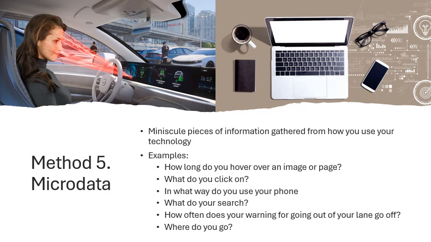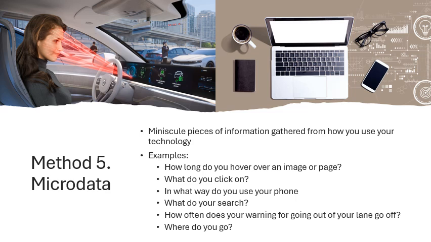There was even a lawsuit because GE was using these data to set your insurance rates. That they can no longer do that. That's not legal. But these are the kinds of data that are available, and even your GPS tracking, where do you go? So all of these things are examples of microdata gathered through your use of technology that can be used to describe you and learn about individual habits or your personality.